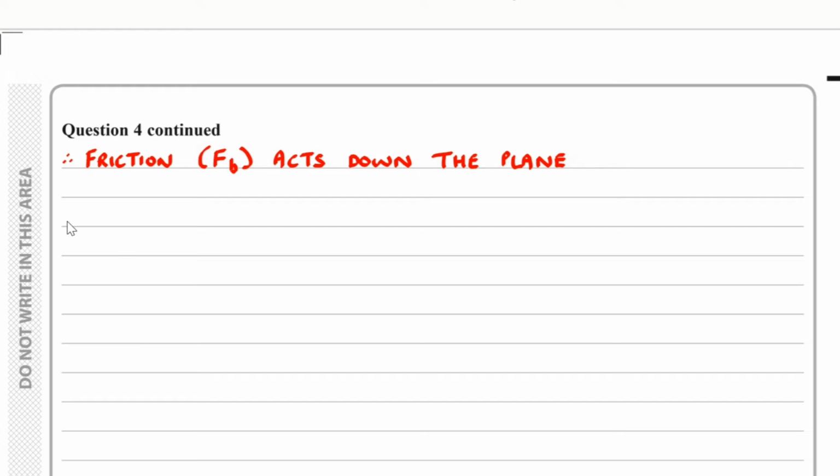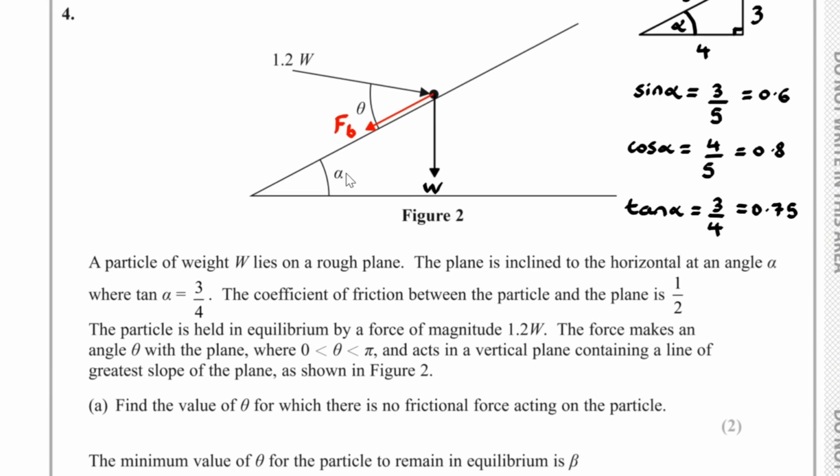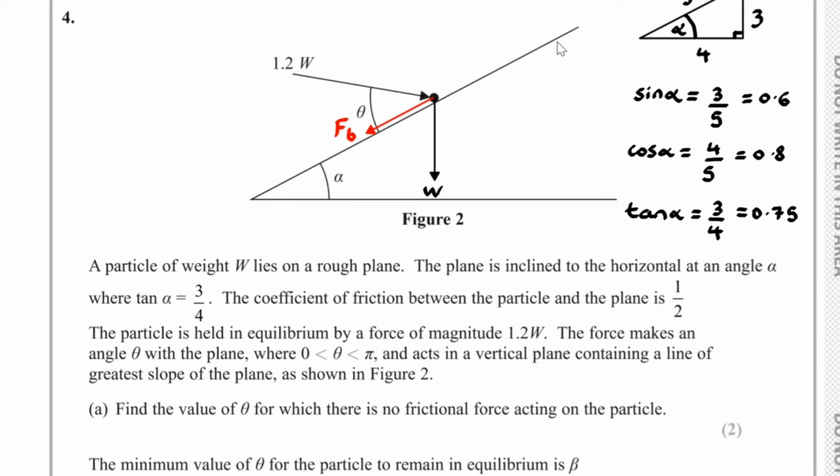Now, if I resolve parallel to the plane, I've got 1.2 W cos beta minus the friction force FB equals W sine alpha. And that's resolving parallel.